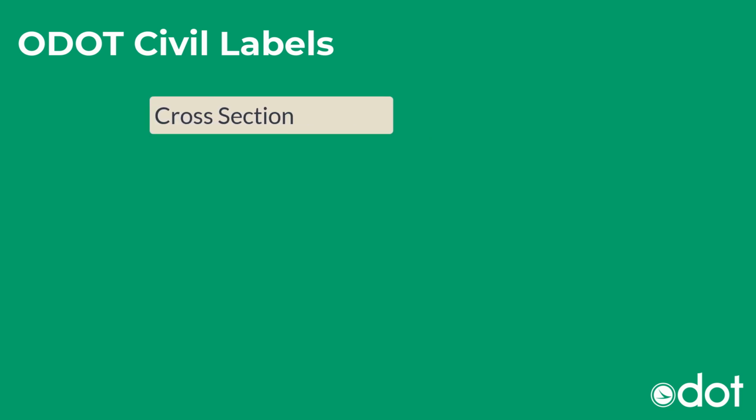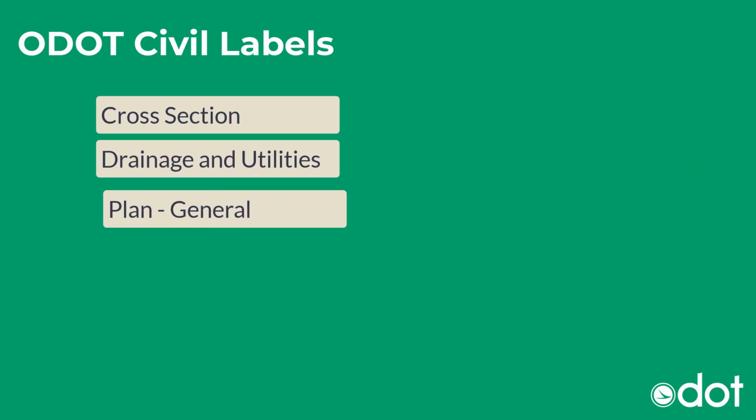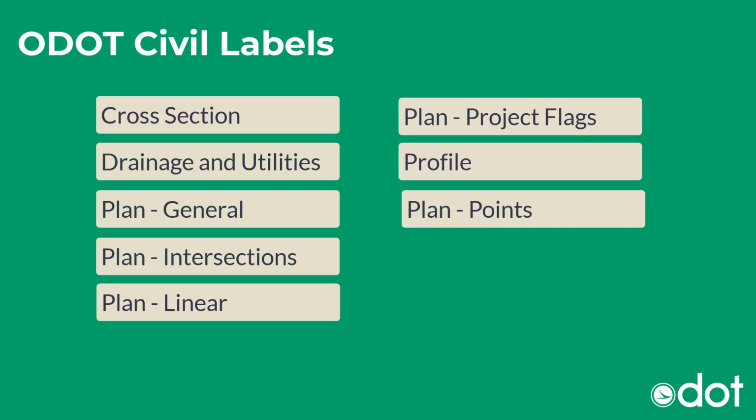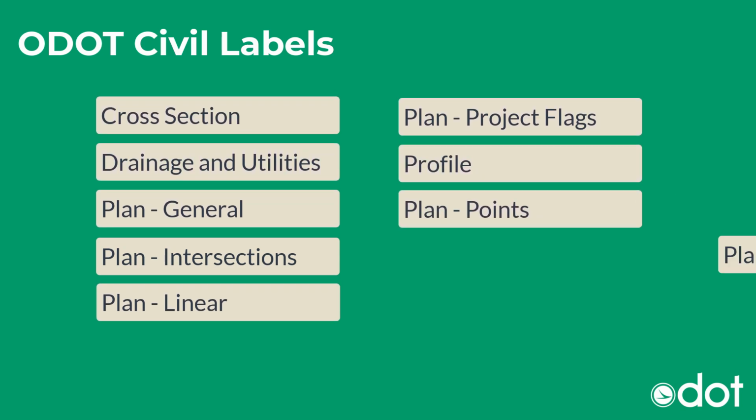When we get further on within this video, we'll go over a quick demo on some of the interface of Civil Labeler, but I did want to break down some of the categories that we have set up within Civil Labeler via the DGN Lib file. So we have our cross sections annotations, we have our drainage utility annotations, plan, which will be our general annotations.